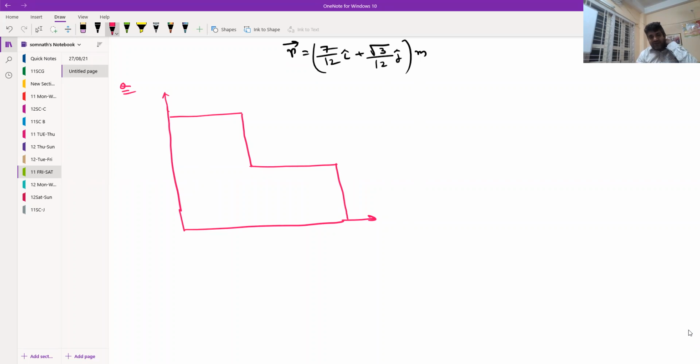So if the total mass of that lamina is 3 kg, you have a L-shaped lamina. In some question they give you the mass is m, or in some question they give you the mass is 3m. Okay, suppose the mass is 3 kg.